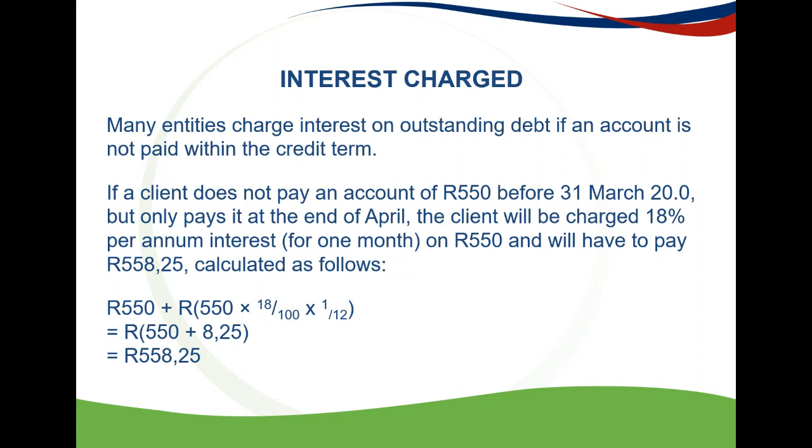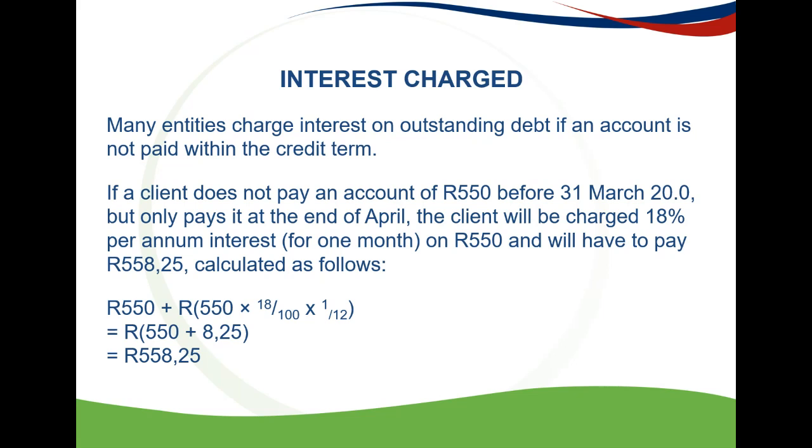So the way to calculate it is you take your outstanding balance, multiply it with the 18%, and it's only for 1 month. So you must only calculate it for 1 month, which will give you 8 Rand and 25 cents, the interest for that month, which you then add to your outstanding balance of 550 Rand. That will give you an outstanding amount of 558 Rand and 25 cents, because you can't finance this debtor.